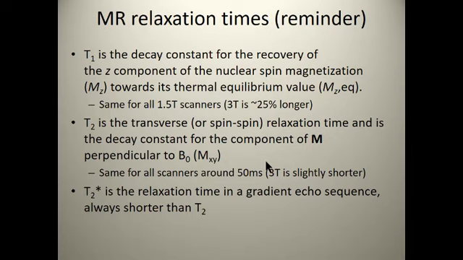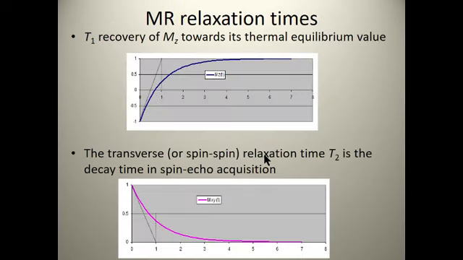Whereas T2 is the spin-spin relaxation time, the decay constant of the transverse magnetization once you've excited it. It's pretty much field independent, a little bit shorter at 3 Tesla than 1.5. T2 star is the relaxation of the gradient echo sequence, so it's always shorter than T2, and it's basically linear in field strength.